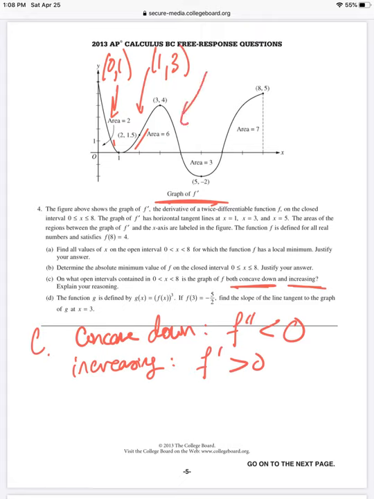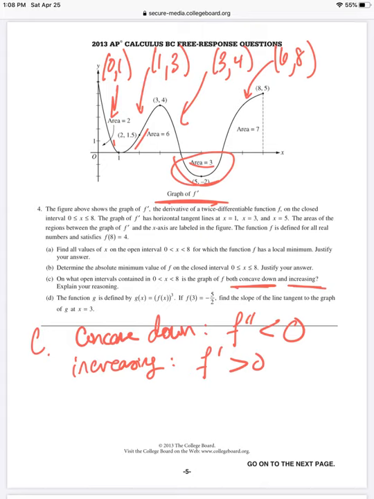It's also increasing right here, going from 3 to 4. It's not increasing here. This is all under the x-axis. That means the graph is decreasing, right? But here it's positive again, going from 6 to 8. So those are the increasing parts.